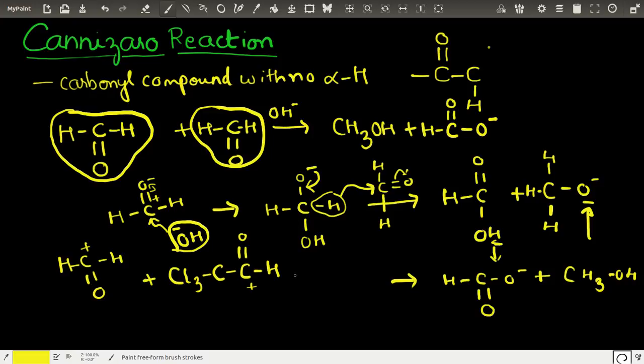On the other hand, if this is the molecule with no alpha, clearly we do have groups which are withdrawing electrons. Actually the CCl3 group will have a minus I effect. Now if it is going to have a minus I effect, then the plus would effectively increase.